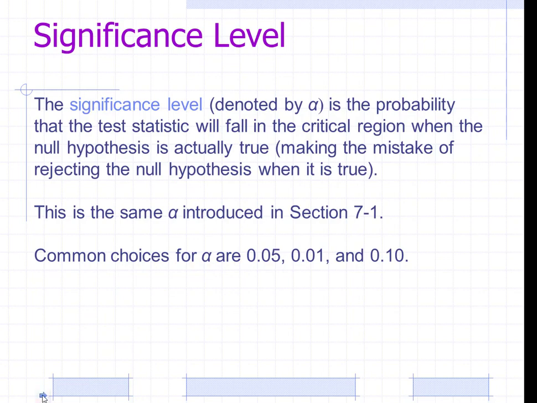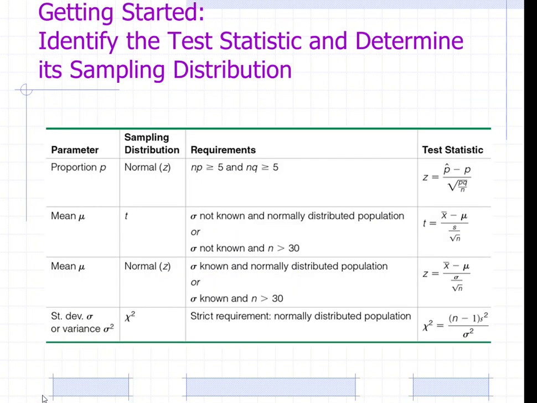And this slide says the same thing that the last one did. So here we go. And these are the test statistics that we're going to be dealing with. In this subsection of the subunit, we're going to be dealing with the proportion. So we are testing P. In the next subsection, we're going to look at means, and we have two tests that we use, and we'll talk about that when we talk about 8.3.